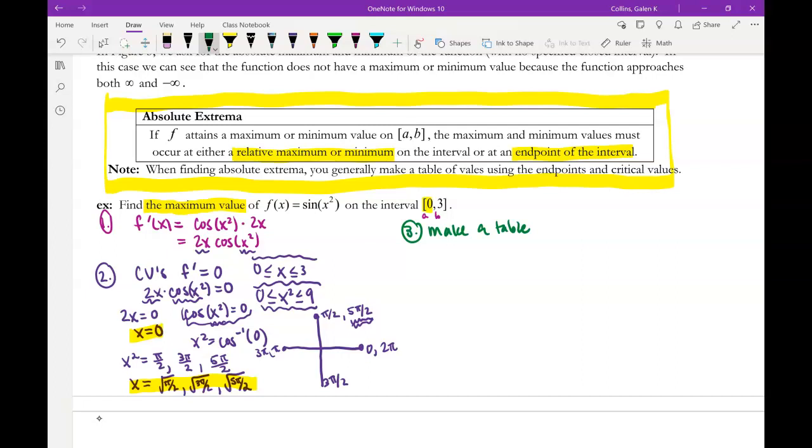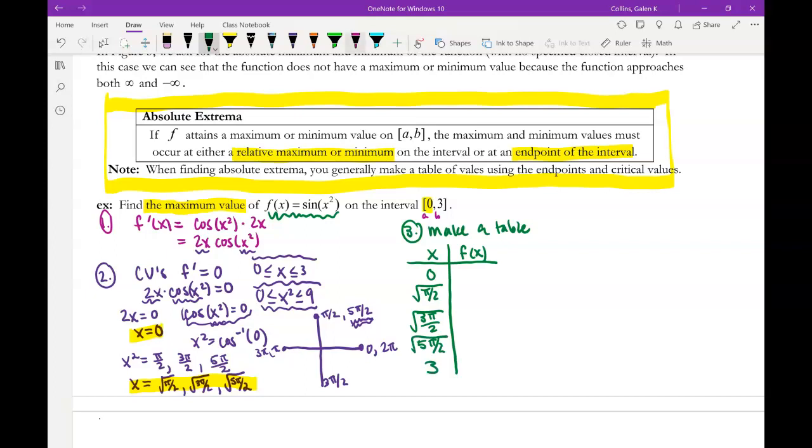All right, so in my table, I want values for x, and I'm plugging these into the function itself, not the derivative. So that's another thing that's different from our number line. So I'm going to consider 0, the square root of pi over 2, the square root of 3 pi over 2, the square root of 5 pi over 2, as well as 3.